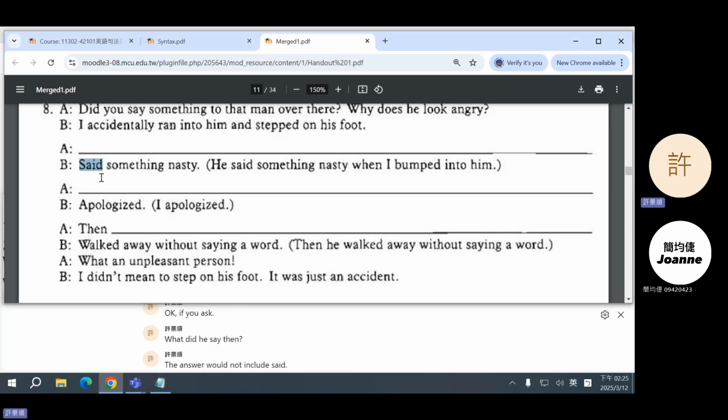The answer would just be something nasty. Right? The information is either in the answer or in the question. If the answer is in the question, you don't have to repeat it in the answer. Okay? Good. Other questions?